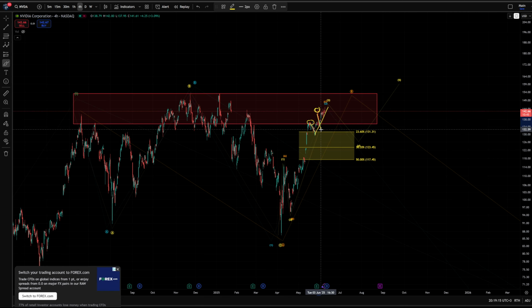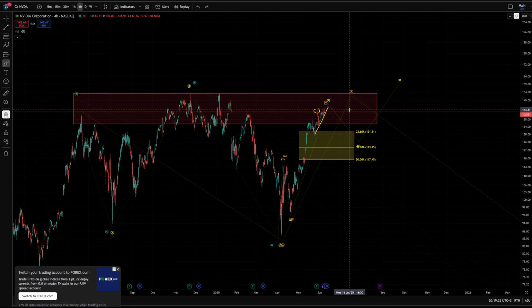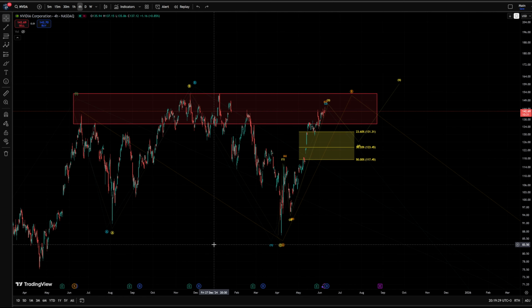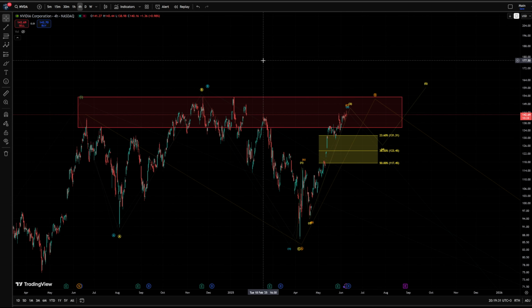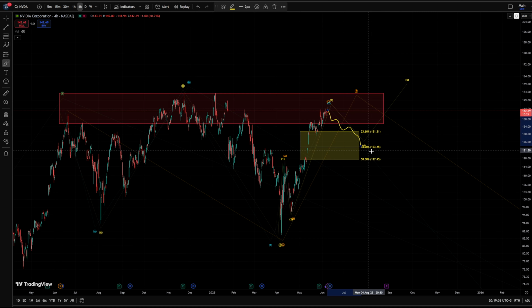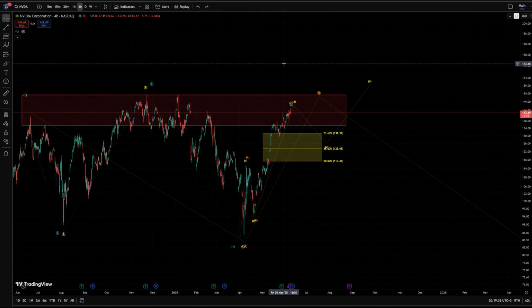We got higher, we went lower, we got higher, we are now getting rejected again, and each time it seems that right now we are managing to push less and less higher before we find at least some sort of resistance, which could indicate that it's likely that we start to move lower into the support zone.